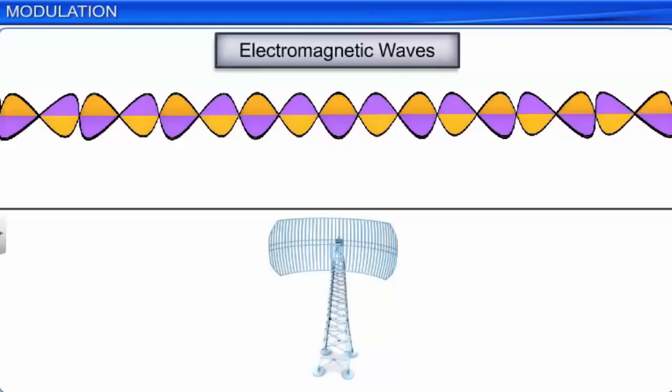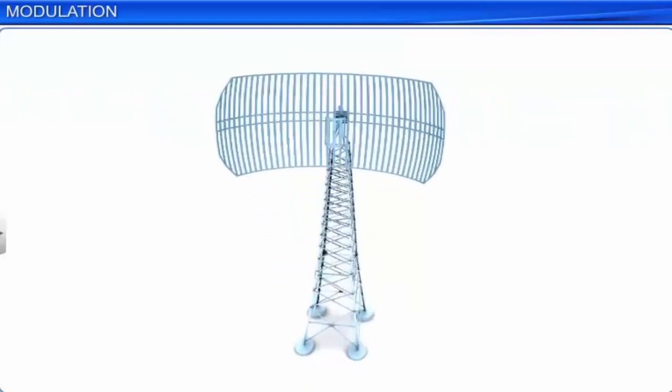Its length must at least be of the range equal to 1/4 of the wavelength of the message signal. Thus, to transmit the 25 kHz message signal, we require an antenna that is at least around 3 km or to the maximum of 12 km wide.